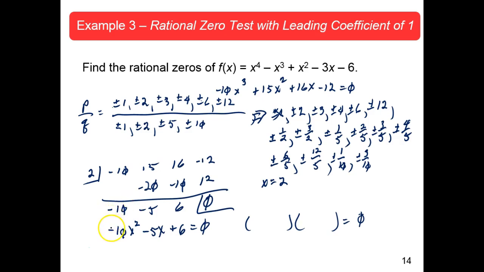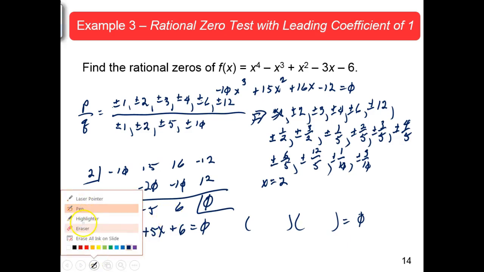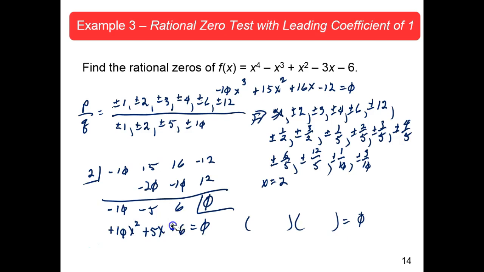That would make a plus and a minus. I like working with leading positive coefficients better. If it was a factor of the other one, it's going to be a factor of this one too. So let's see what we get. This time it won't be plus or minus. Let's do 5 and 2, 5x and 2x, right?